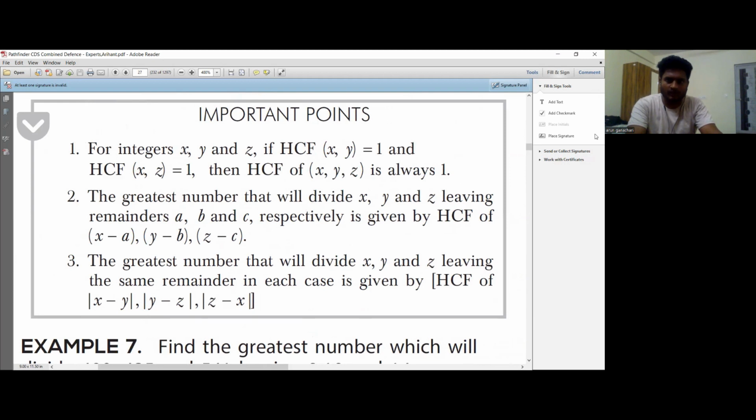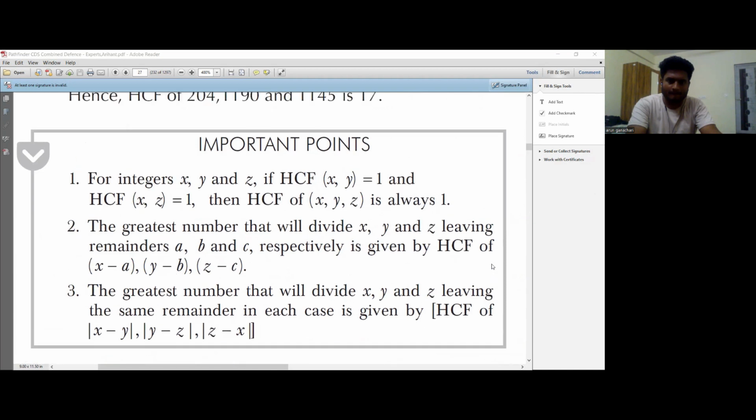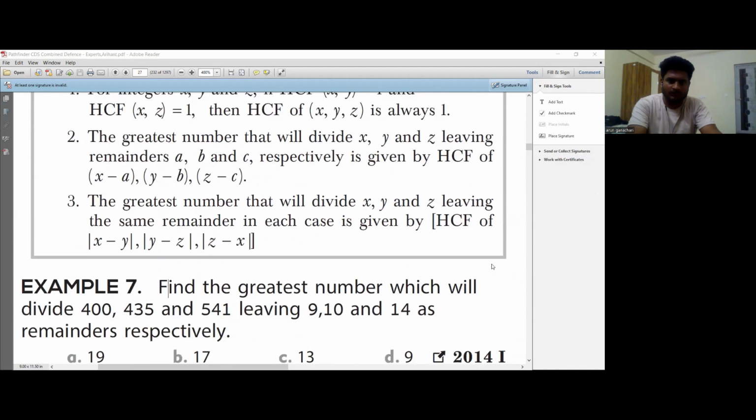You copied the question? Solve the sum. If you have copied the question, solve the sum.